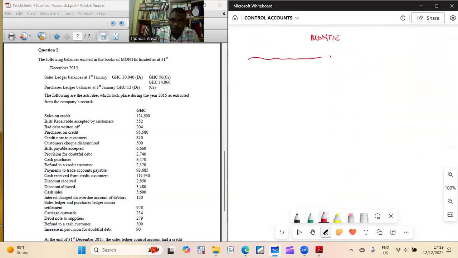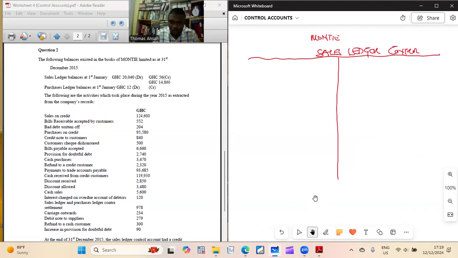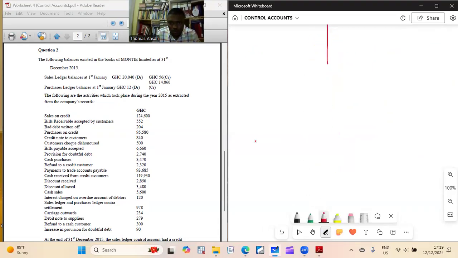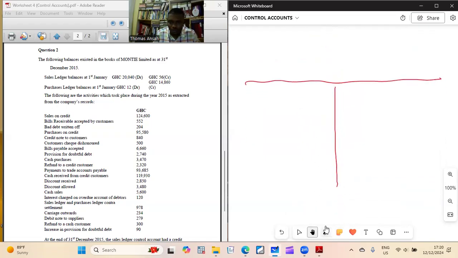So quickly, we open our sales ledger control account. See, if you know what you do in this control account, it will even take you 10 minutes. You will finish in the exam quickly. So purchases ledger.